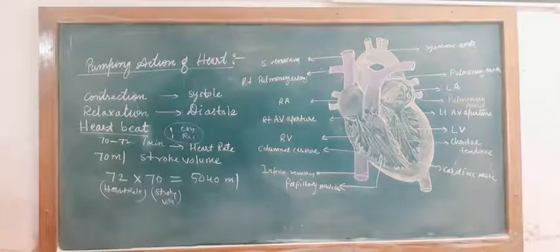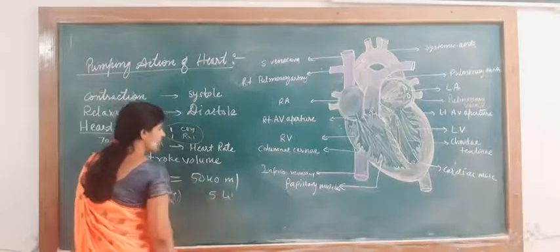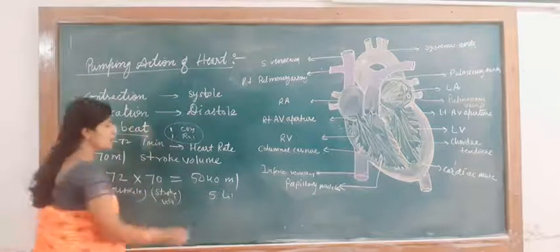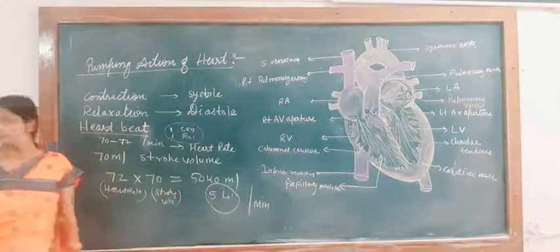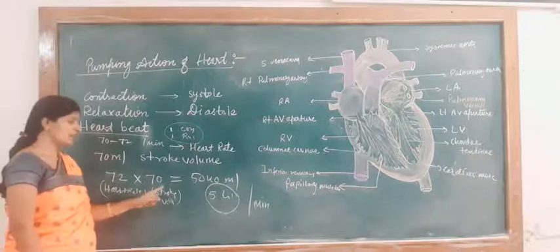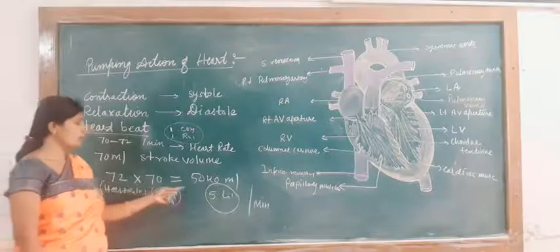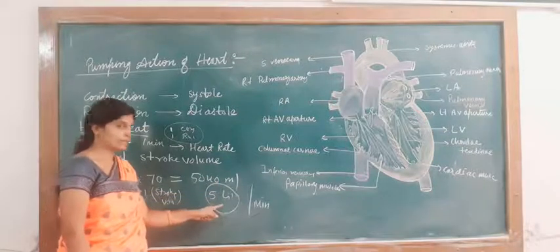It is 5040 ml, approximately 5 liters of blood. 5 liters of blood is pumped by our heart per minute. 72 is the heart rate, 70 is the stroke volume, and when we multiply these two, we get 5040 ml, approximately 5 liters per minute.